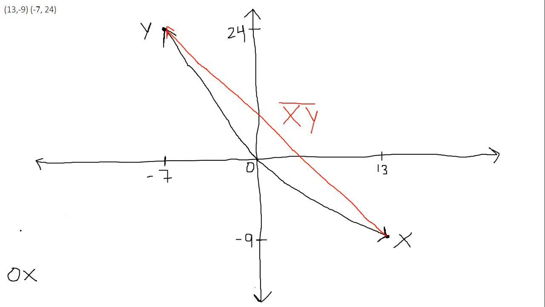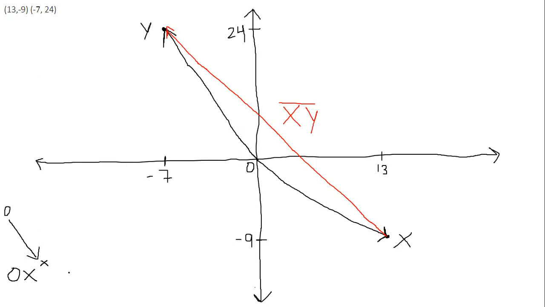The vector OX would look like this, with O as its initial point and X as its final point. So that's the vector OX.